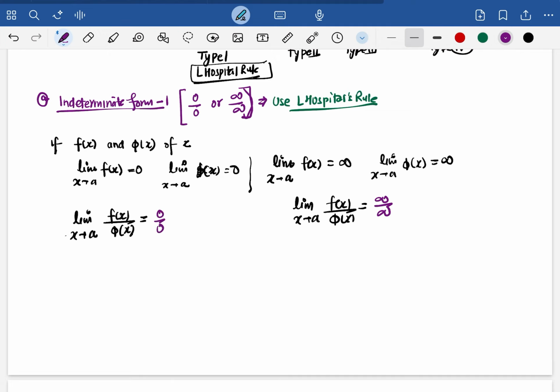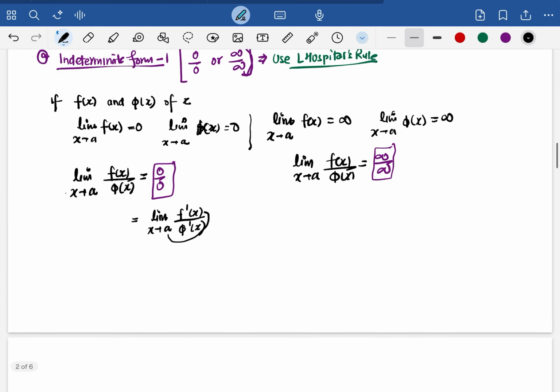So whenever there is a possibility of 0 by 0 or infinity by infinity form, we used to differentiate the numerator as well as the denominator. So first order derivative and second order derivative. Let's say again putting the values, if the numerator and denominator are 0, then again we will differentiate. But if both are not 0, then we won't differentiate it further. So this is the sequence for the indeterminate form.